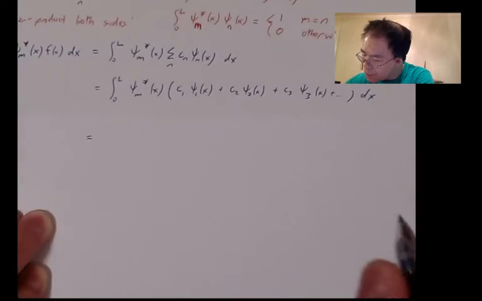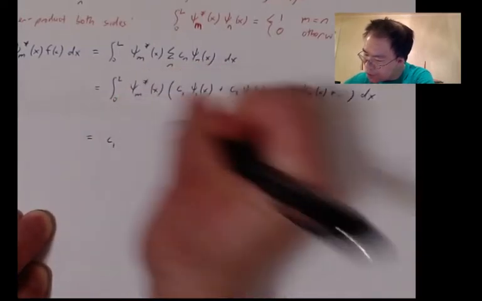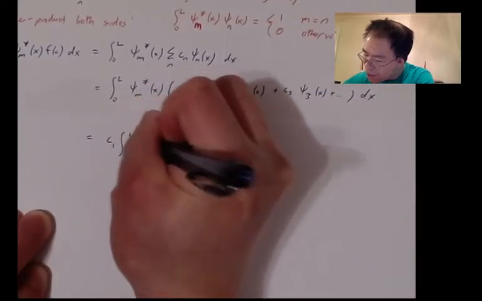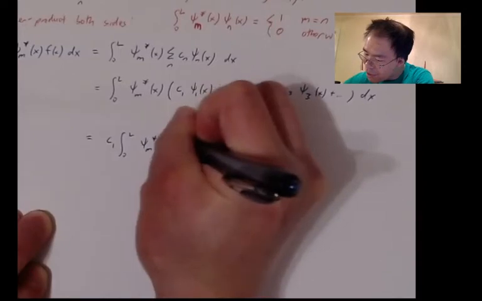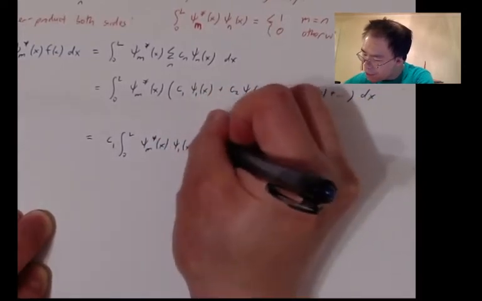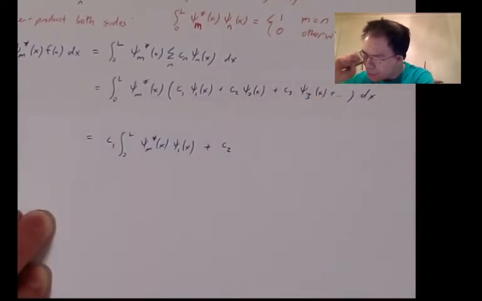So the first one is C1 times the integral from 0 to L of psi m star of x, psi 1 of x, plus C2, right?